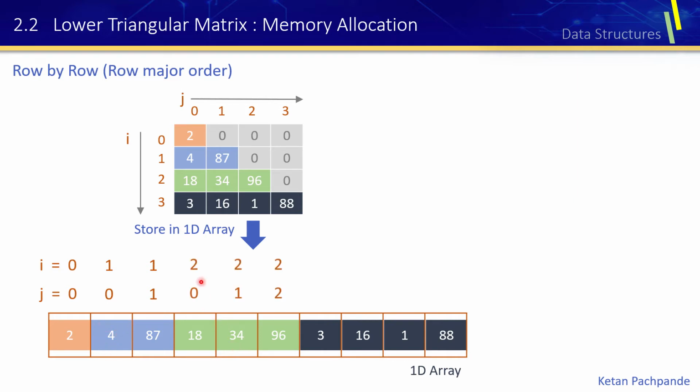Similarly, the third row, i value is 2, and the last row, the value of i is 3 and j is 0, 1, 2, and 3. So with respect to i and j, these are the locations at which the respective elements are stored in the 1D array.